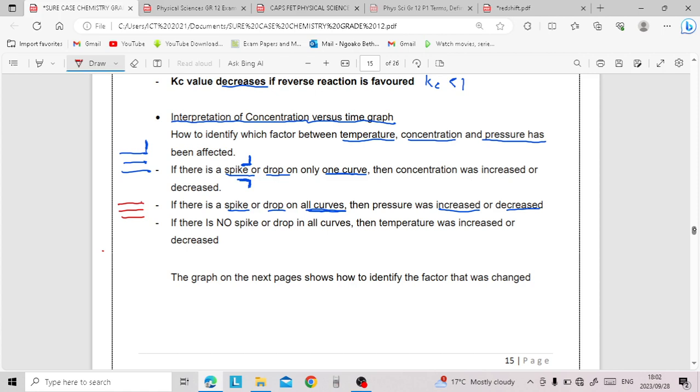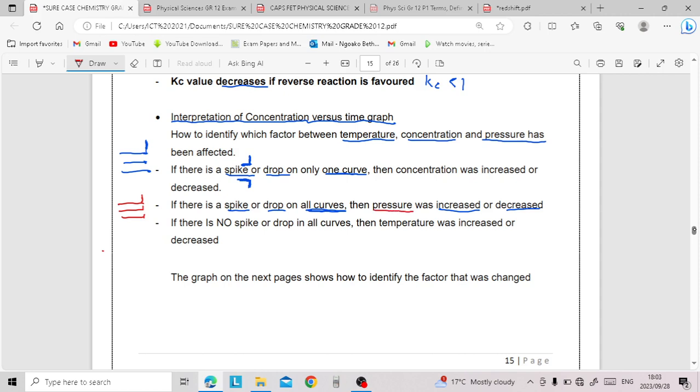Maybe they go like this, another like this, another like this. If that is the case, then the pressure is being increased.